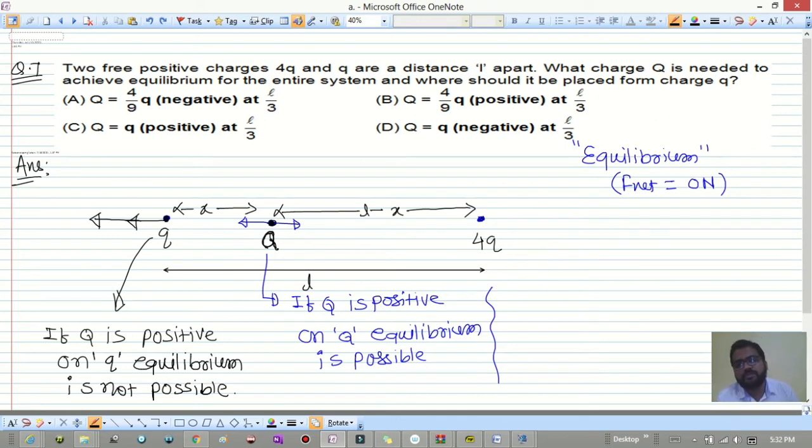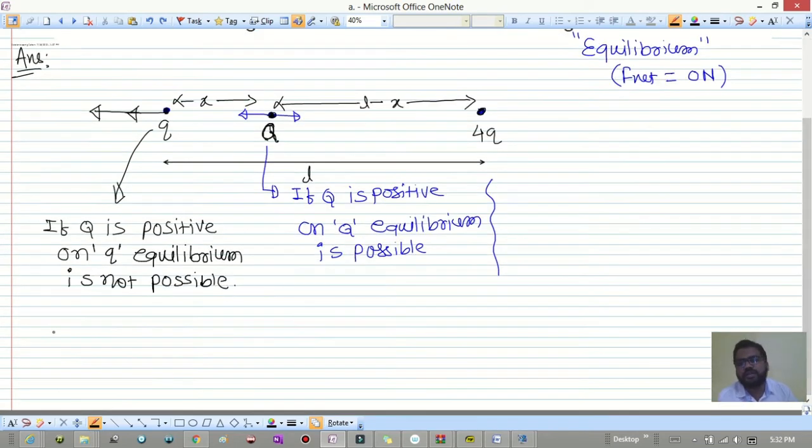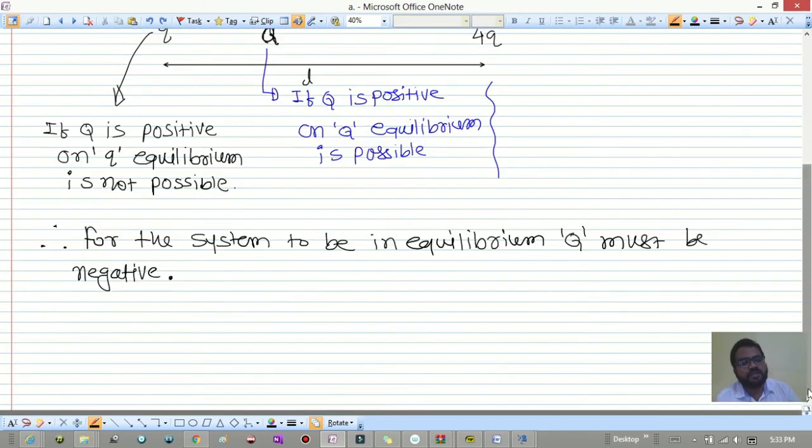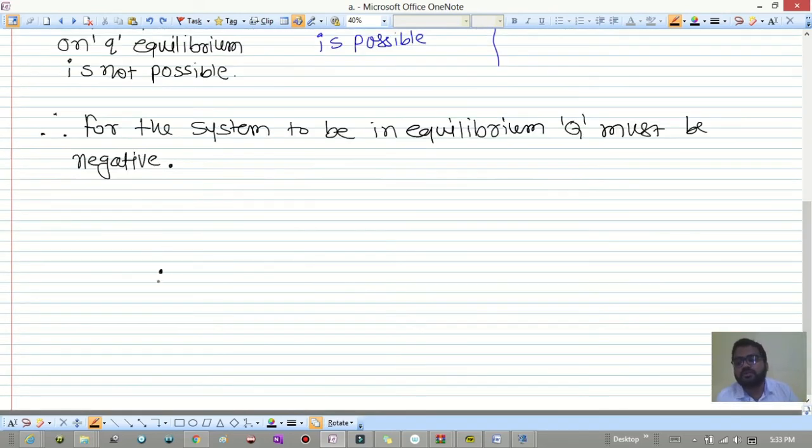So if equilibrium on small q is not possible, that indicates on 4q also equilibrium is not at all possible. So that means capital Q must be negative. Therefore, for the system to be in equilibrium, capital Q must be negative.